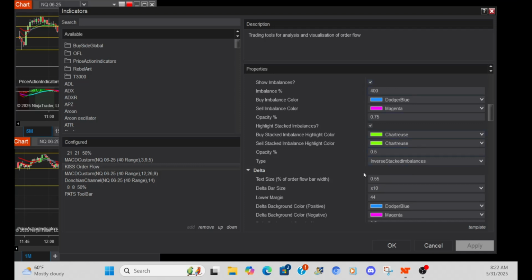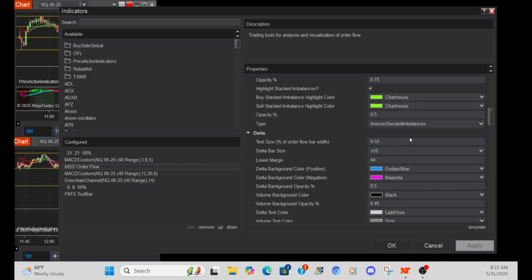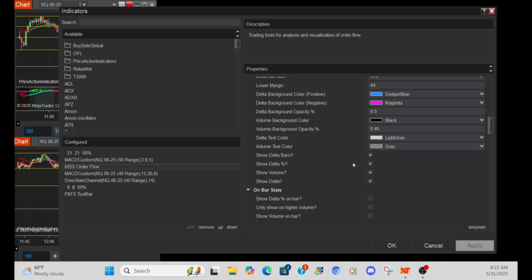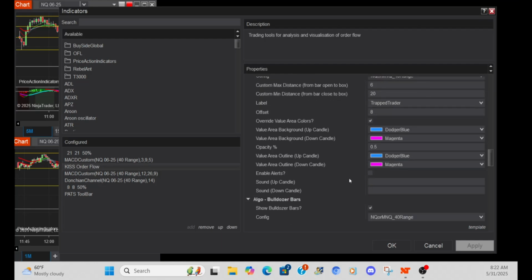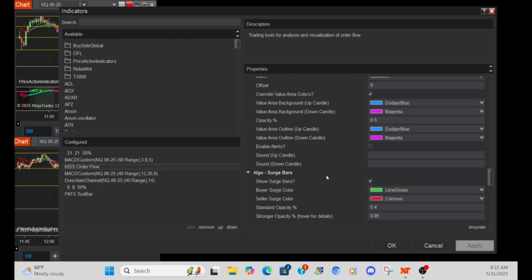I have show imbalances, inverse stacked imbalances, because you can have them either way, all stacked imbalances. I like the inverse. Then I have all my normal settings that are going here. So let's just get back down to the surge area here.